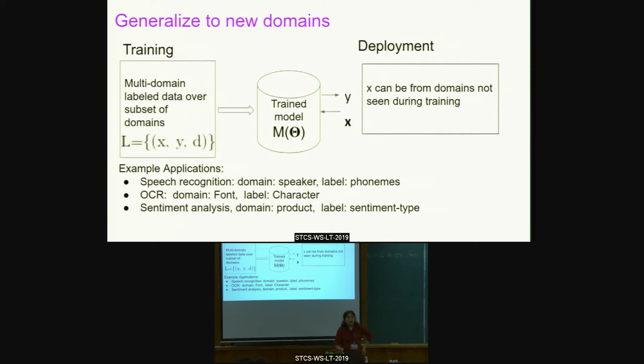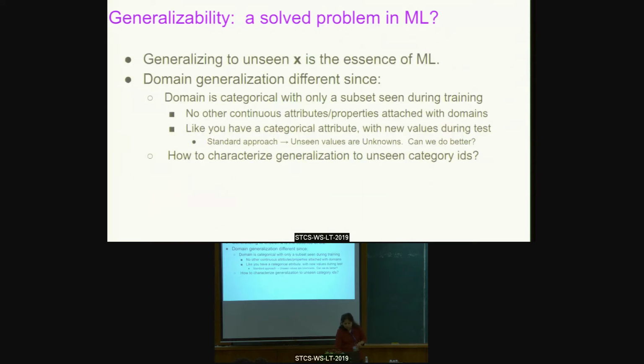Now the question is, how is this requirement of generalization any different from standard notions of generalizability which characterize the whole of machine learning? That's what all the PAC bounds and other bounds are for. When we talk about domain generalization, the problem is actually quite different. The closest analog I can give to classical supervised learning is if you have in your data one categorical attribute where the domain of values is open-ended.